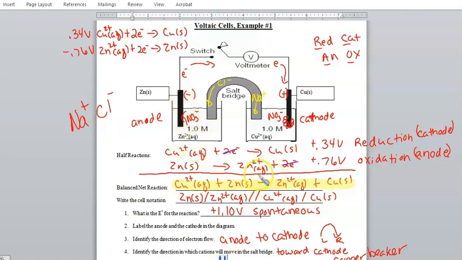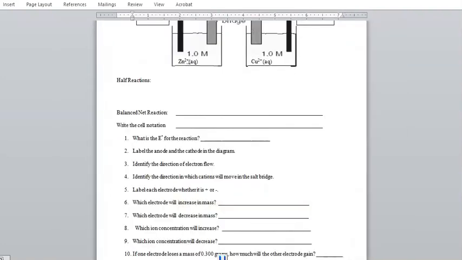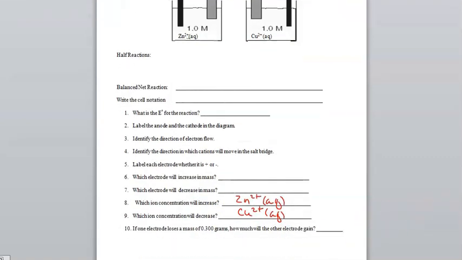Look here on the balanced equation: the zinc ion is forming, but the copper ion is disappearing. So let's go back to that question. I'm on question number 8. Which ion will increase in concentration? That is going to be the zinc ions. And you'll notice it's opposite. Which ion will decrease? That will be the copper ion, and you can look at your balanced equation and figure that out.